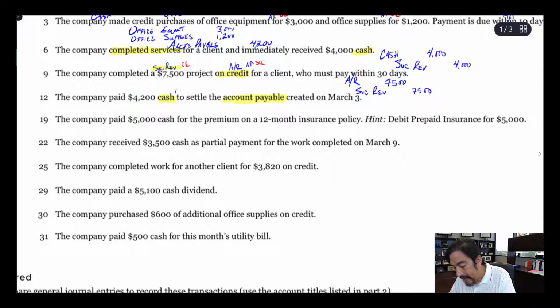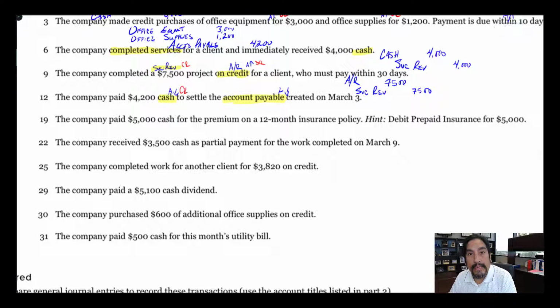We paid cash, so cash is going down, and we've paid off what we owe in this accounts payable, so that is also going down. Cash is an asset account. We decrease asset accounts with a credit. And accounts payable is a liability account.